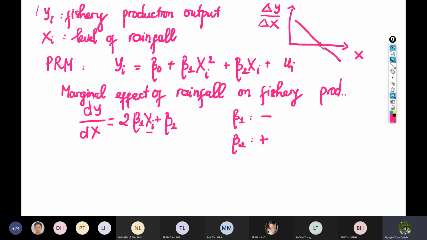But when the level of rainfall is too high, the marginal effect of rainfall on fishery production is a negative number, so the overall fishery production output will decrease. So that is how we expect the sign of the regression coefficient. All right, what else?